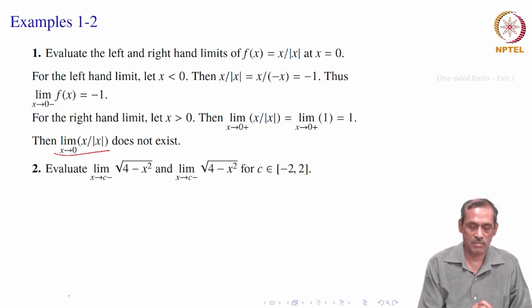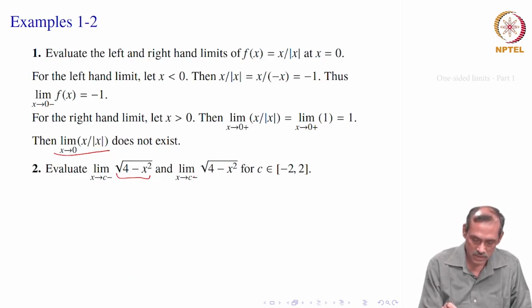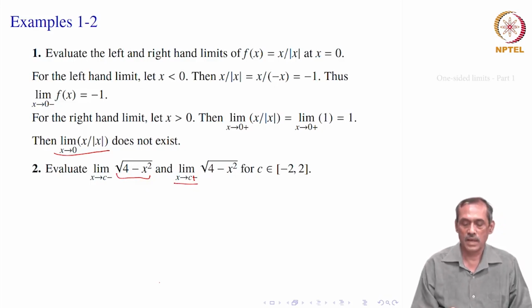Now, let us go to the second problem. It asks for finding out the left side limit of the function square root of 4 minus x square, and the right side limit, it is not minus, it should be plus, right side limit of square root of 4 minus x square, same function where x goes to c plus now. Okay. So, now for all those c within minus 2 to 2, that is how it is defined.